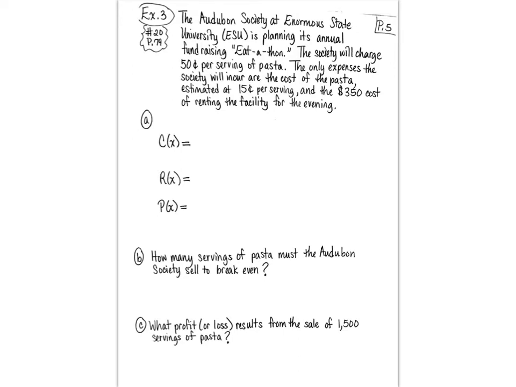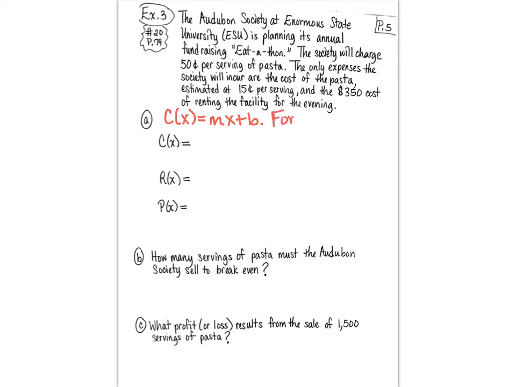Okay, so let's jump right in and let's make some observations. So notice, remember, C of X in general has the form mx plus b, and for us, we need to identify m and b.